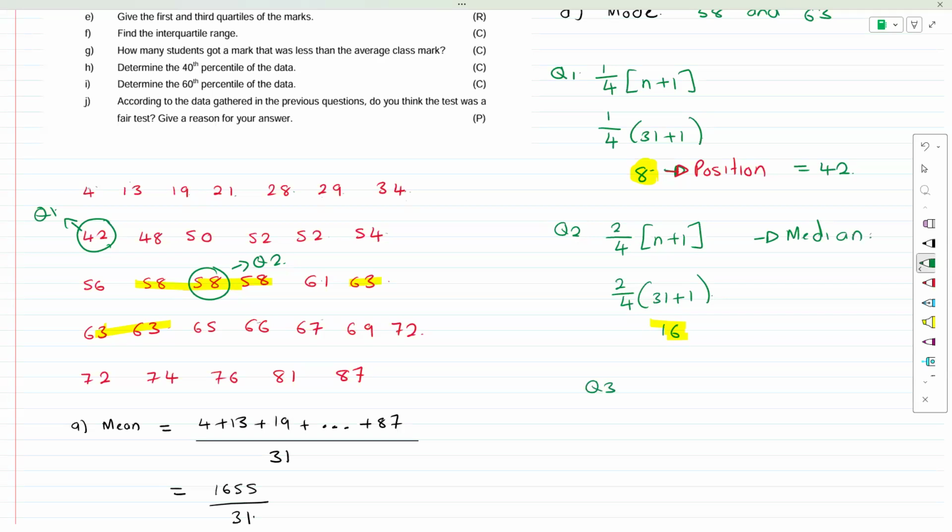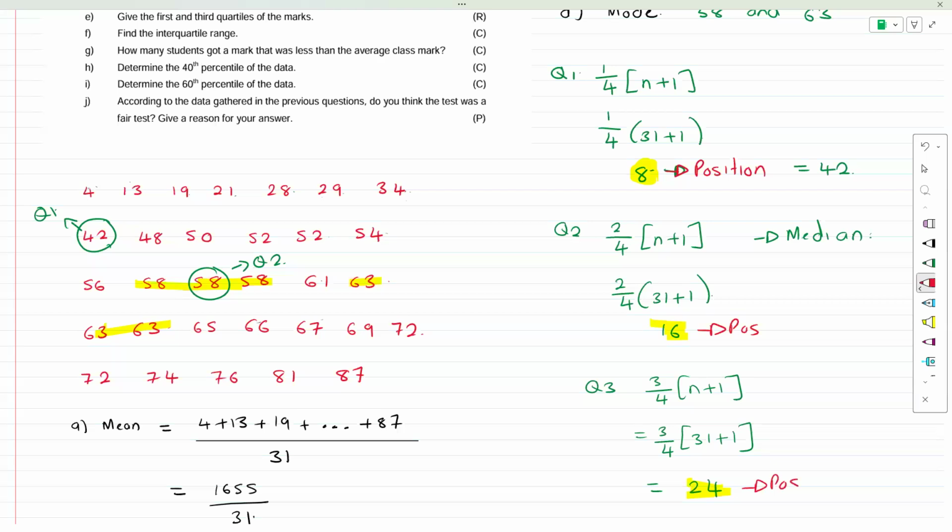And quartile 3 is 3 over 4 times n plus 1, which is 3 over 4 times 31 plus 1, which should give you 24. Again, remember this is position. This is not the answer. This is counting. This is position.